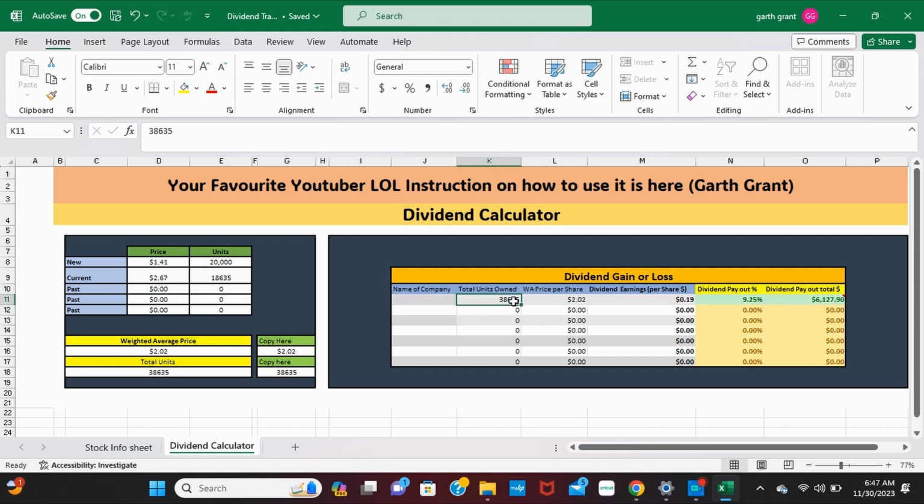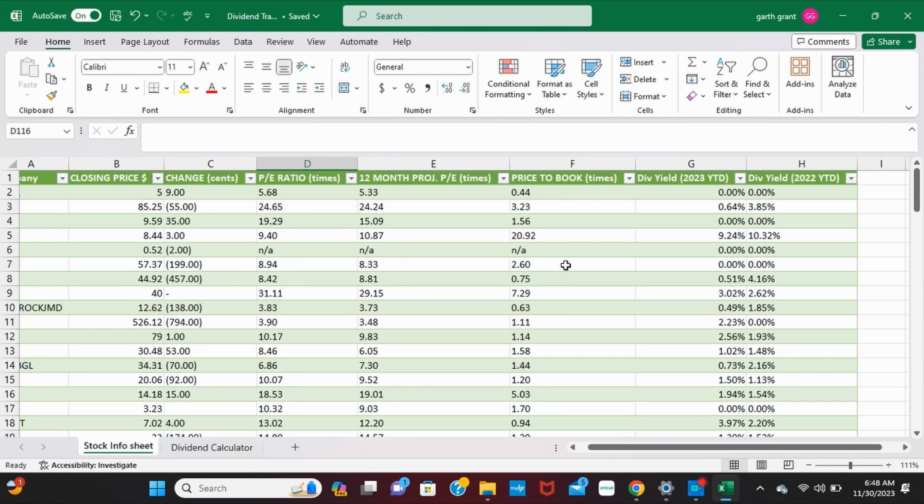For the numbers, you press 0 and move on, 0 and 0 and 0, and it will clear everything for you. The sheet is protected so you don't affect it and so on. But that is it. That is the video.